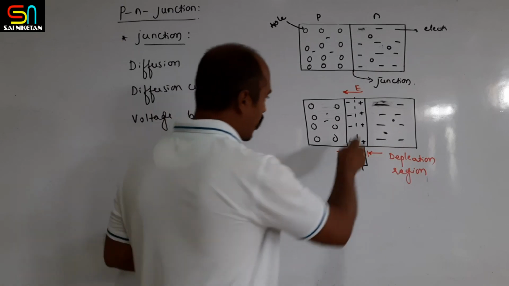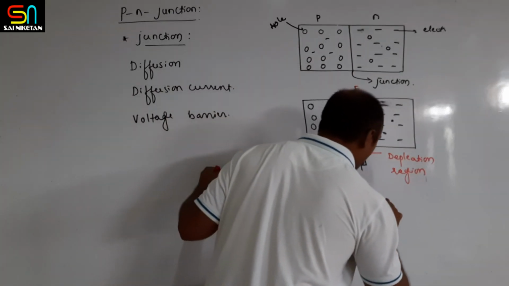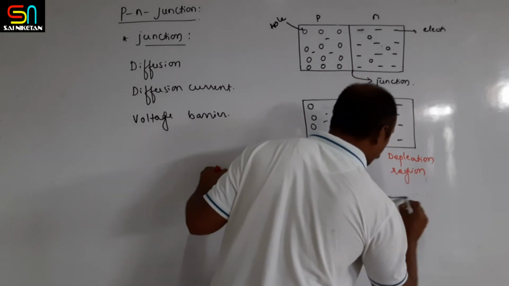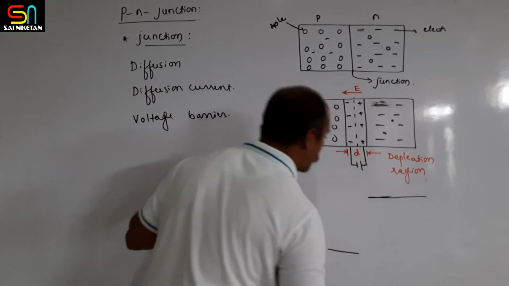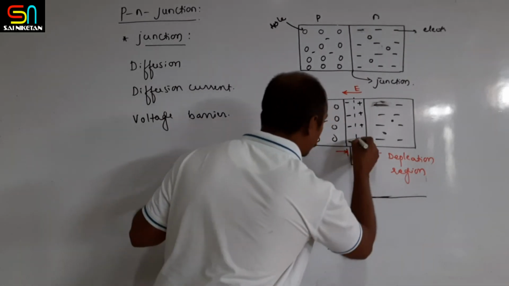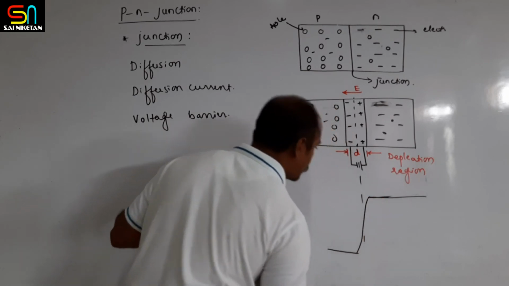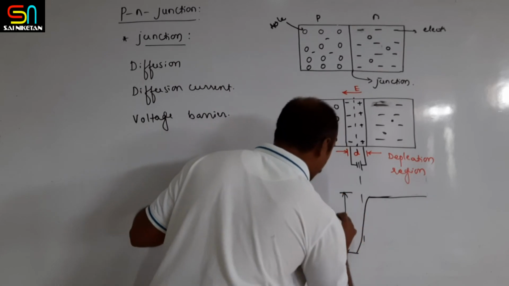And this positive can be represented by higher potential, and this negative can be represented by lower potential, and this indicates the potential difference. This is the potential barrier, that is VD.